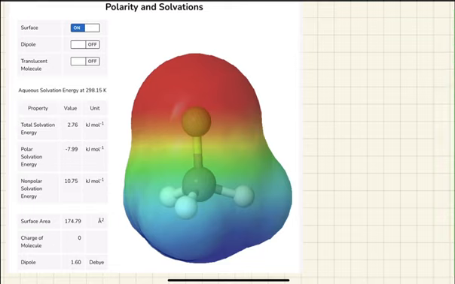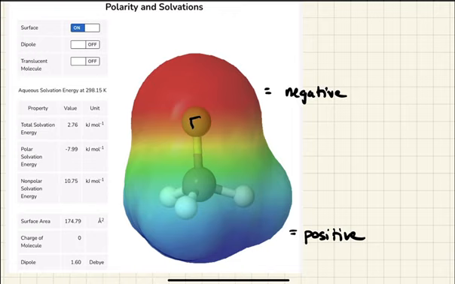Red will indicate the more negative side of the molecule, and blue will indicate a more positive side of the molecule. And just like we predicted, the fluorine is on the more negative side and the hydrogens are on the more positive side of the molecule.